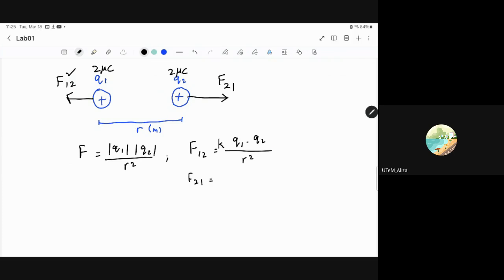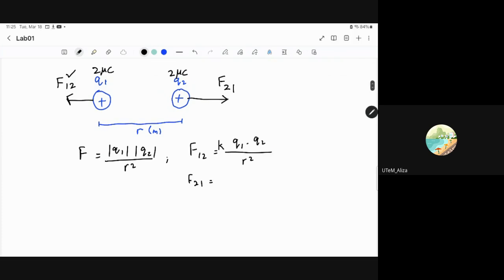Because in calculating F21, you also have the same values of Q1 and Q2, and also the same value of R. That's why we say those two are equal to each other.